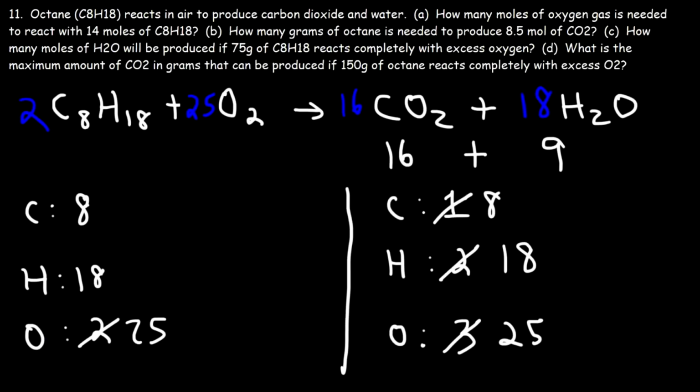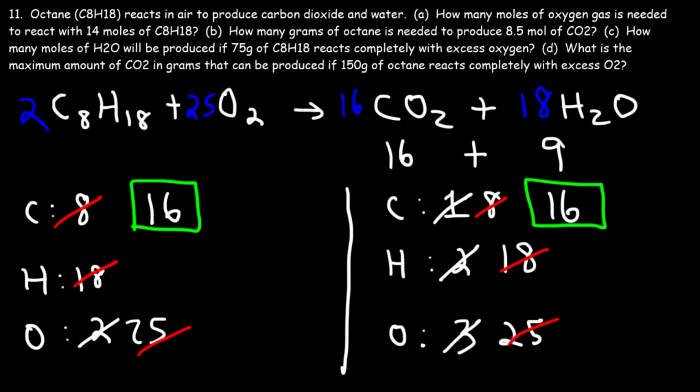So now, if we count the number of carbon atoms on the left side, it's 2 times 8, which is 16. On the right side, it's 16 times 1. So that's good. So these two are now equal.